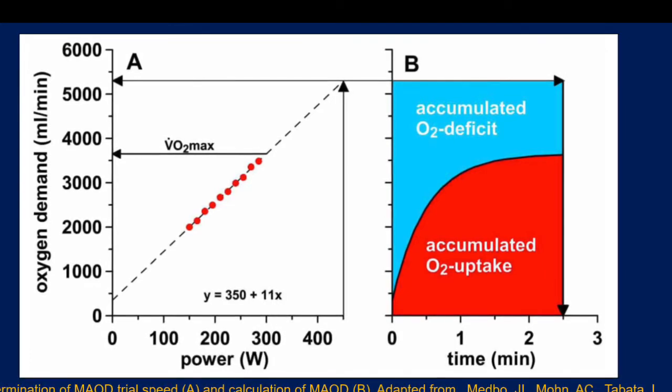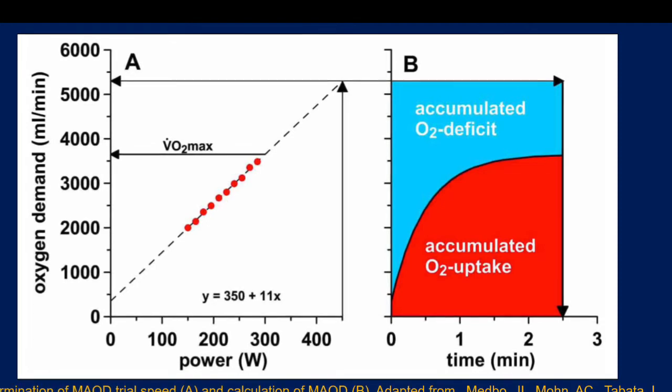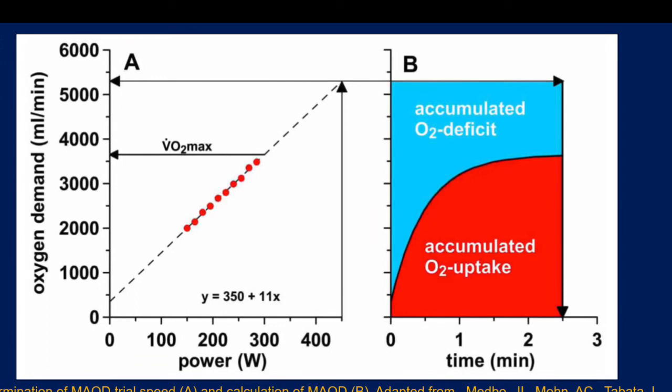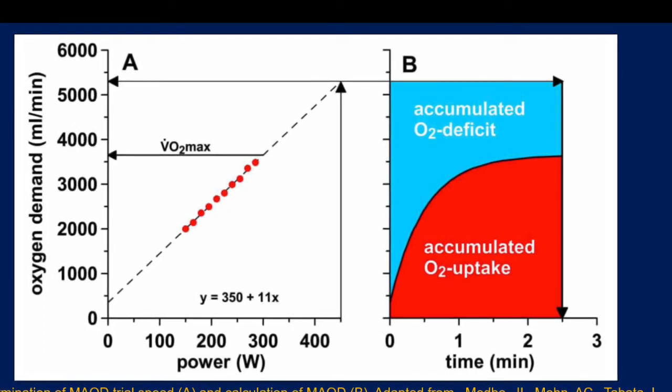If we use a plateau criteria for VO2 max, what criteria do we use for it? What was the protocol that we used to get to VO2 max? Was it step-based? Was it ramp-based? Did we use a verification trial? None of these were expanded upon in the original study by Medbo, but subsequent work in the literature has certainly demonstrated that we have fundamental issues with identifying VO2 max.